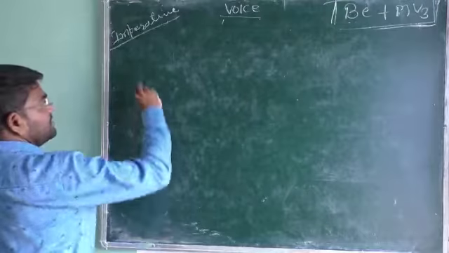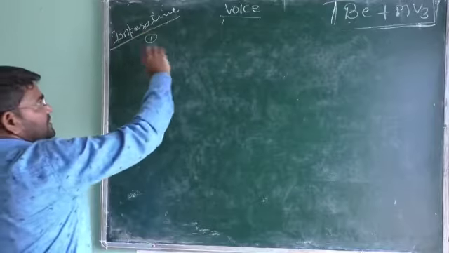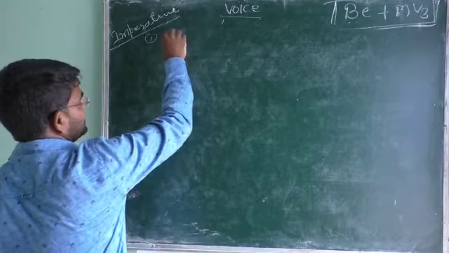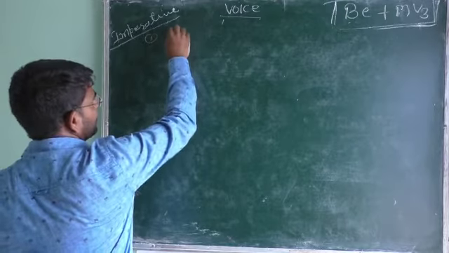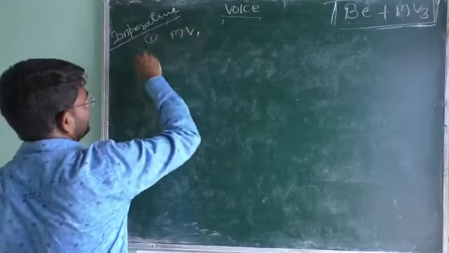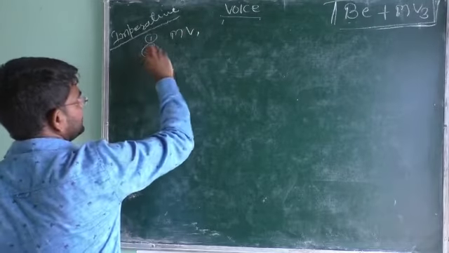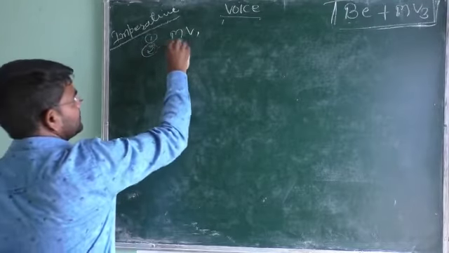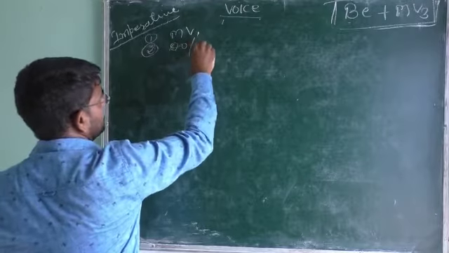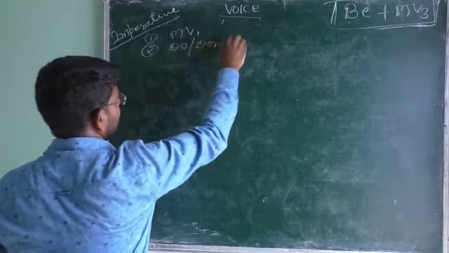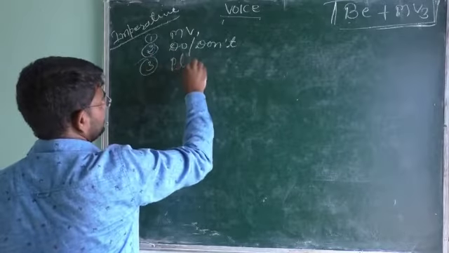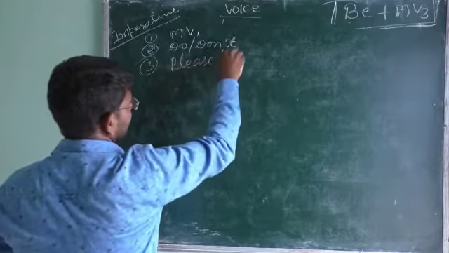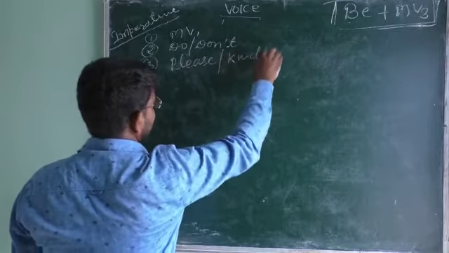Next, imperative sentences. You know very well there are four types of imperative sentence. The sentence which starts with the first form of a main verb. Second type, the sentence which starts with do or do not. Third, the sentence which starts with the words please and kindly.